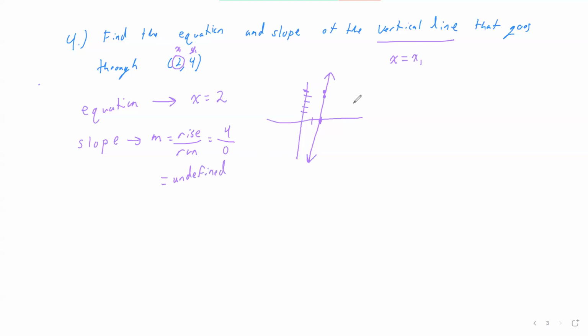So the two facts you need to know from a vertical line is that it's x equals, and that the slope, or the m, is undefined. A vertical line does not have a known slope. So what you'll see as an answer is undefined.